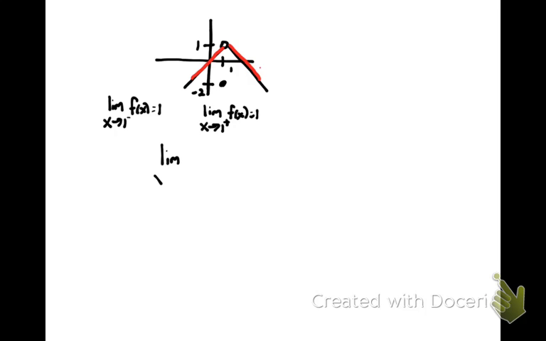The limit, as x approaches 1 of this function, is 1, because the left-hand limit and the right-hand limit are the same. But notice that for this function, f of 1 is defined to be -2. So when we're considering limits, we have to consider what's happening on the left-hand side and on the right-hand side, and a limit is distinct from a function's actual value.